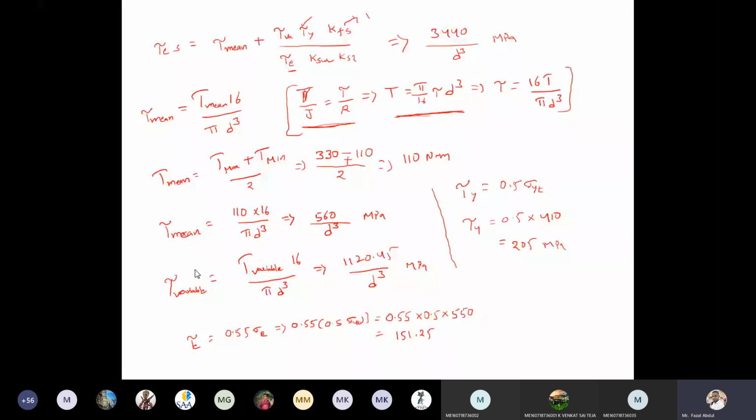So D value, how much did we get? Somebody has also given 39.5.